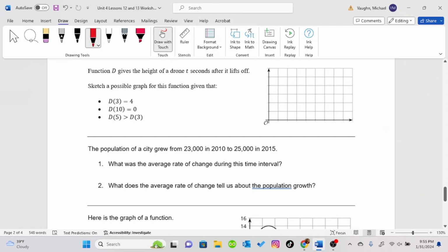So we said the function gives height, and we're using seconds as our input.